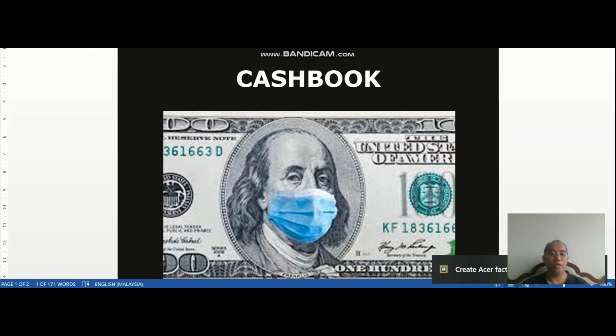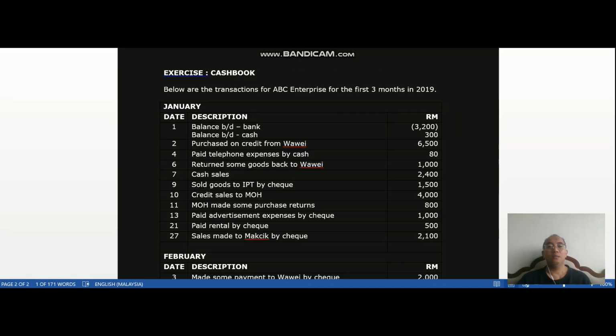Yesterday I have already posted a cash book exercise, Sempena Lockdown. So now I'm going to show you the solution for the cash book. Okay, let's look at the question. I believe you have downloaded the question from my blog.